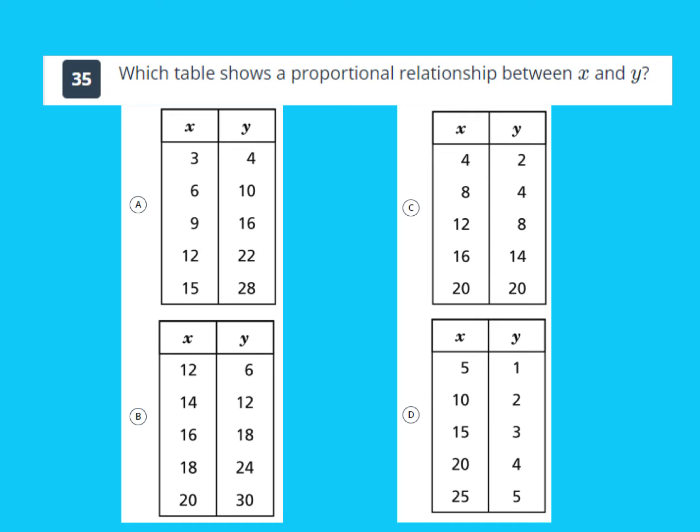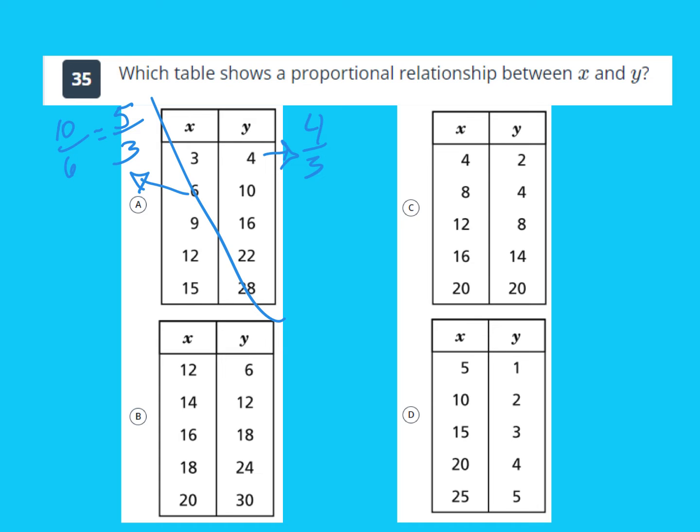We'll start here with A. So this is 4/3, right? 10/6. The number they share is 2. 2 goes into 10 5 times. 2 goes into 6 3 times. So it can't be A.